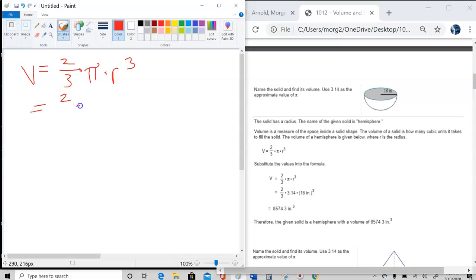Now let's plug in our values. And this time around, let's use 3.14 for pi. And the given radius is 16 inches, and we are cubing that.